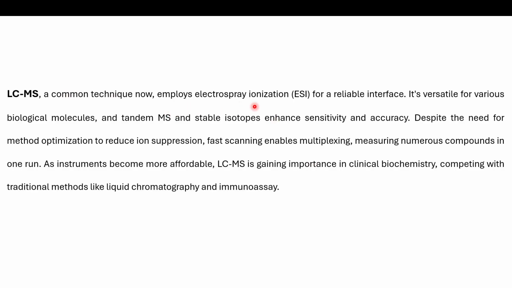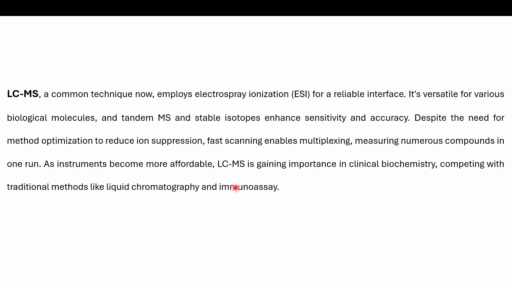It employs electrospray ionization for a reliable interface and is versatile for various biological molecules, and tandem mass spec and stable isotopes can enhance sensitivity and accuracy. Despite the need for method optimization to reduce ion suppression, fast scanning enables multiplexing, measuring numerous compounds in one run.